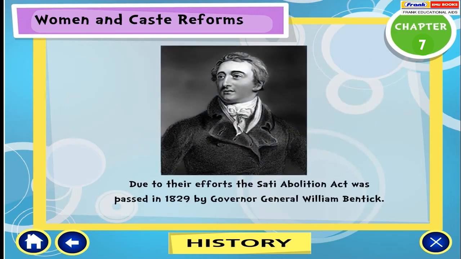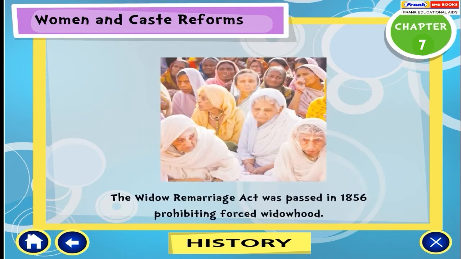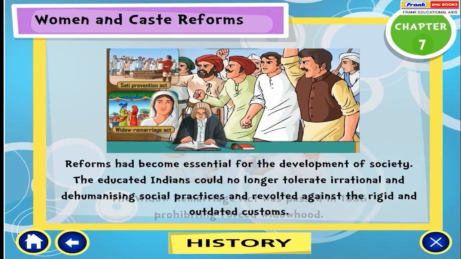Due to their efforts, the Sati Abolition Act was passed in 1829 by Governor-General William Bentinck. The Widow Remarriage Act was passed in 1856, prohibiting forced widowhood. Reforms had become essential for the development of society.